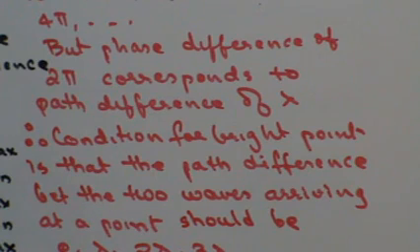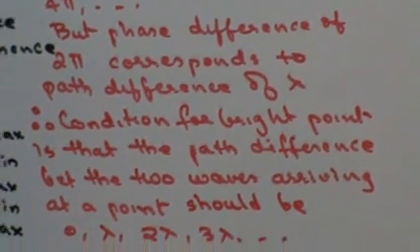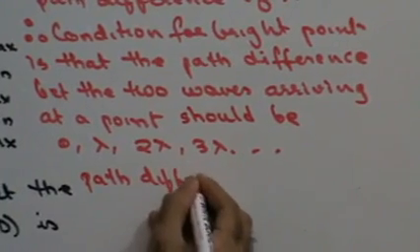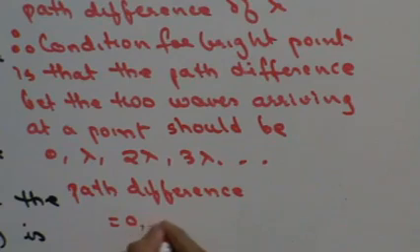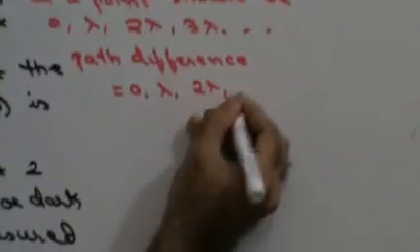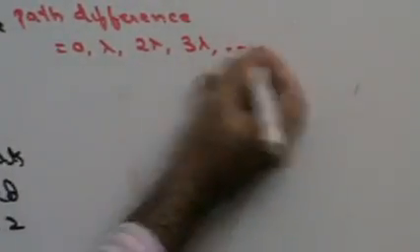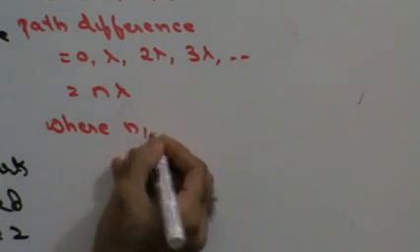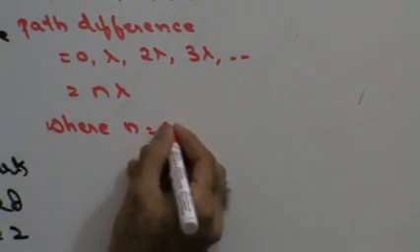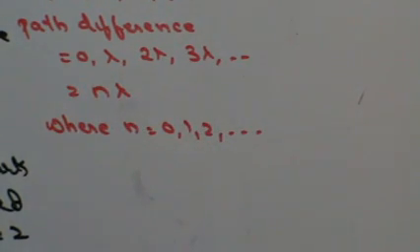Therefore, the condition for bright point is that the path difference should be equal to 0, lambda, 2 lambda, 3 lambda and so on, which can be written as n lambda, where n can be a number from 0 to infinity, right? So that is my condition for bright point. So the condition for bright point is that the path difference should be a multiple of lambda.